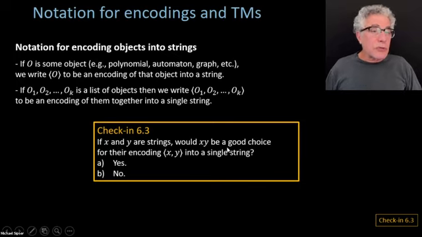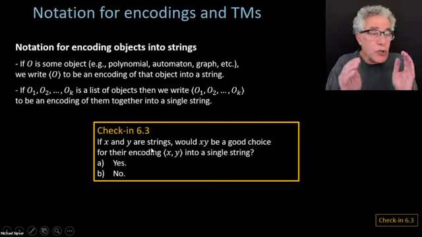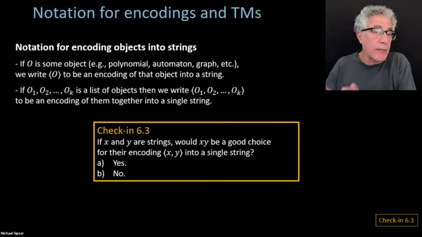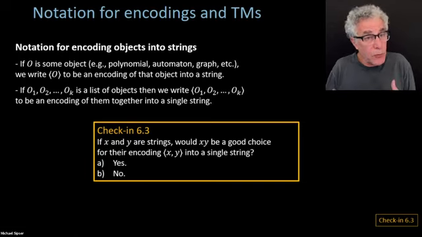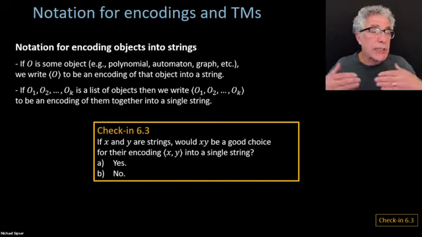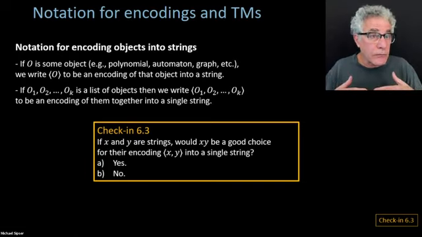So one of the features, well, okay, let me not give this away. So if X and Y are strings, I want to now have a way of presenting two strings as a single string as input to my machine, because I always think of my machine as getting a single input. So would you suggest one way of combining two strings into one, which would be a good encoding, is just to concatenate those two strings together?